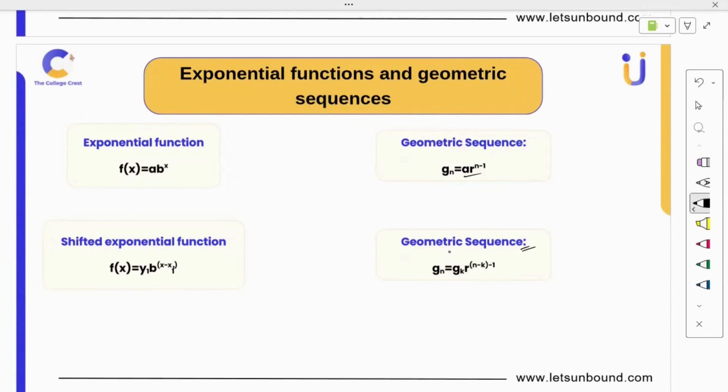And if you want to find a geometric sequence from any term, like the kth term, not from the initial term, g sub k times r to the power n minus k. So we can relate the exponential function structure and the geometric sequence nth term structure, right? Whenever we model and manipulate exponential functions, we depend upon knowledge of geometric sequences. That's why I'm showing this.